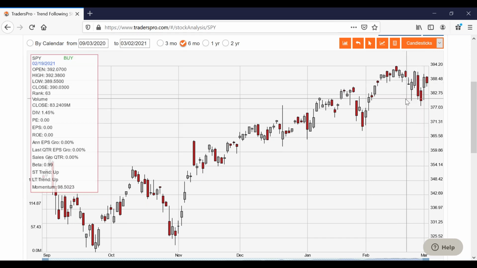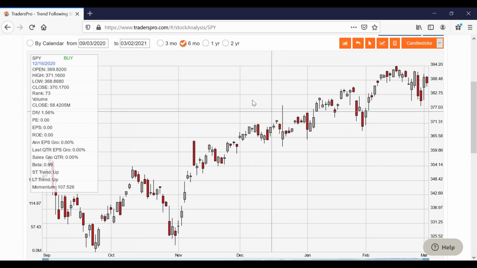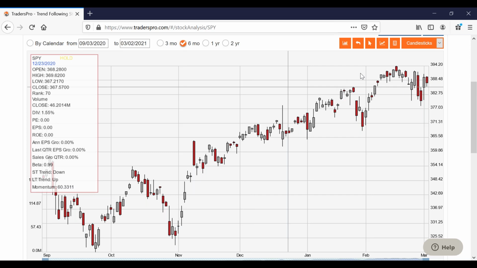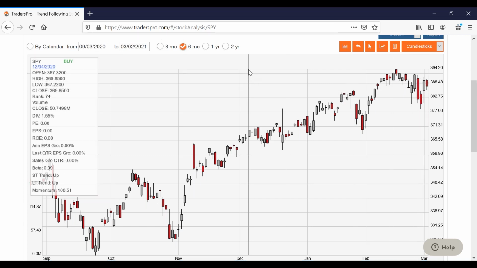If we do have a move down where we break these lows, the Tuesday low from last week, we're going to really see that VIX spike up quite a bit. So we'll keep an eye on that. And like I said, we'll know a little bit more by Thursday how we're doing from this area here and how things are kind of playing out.